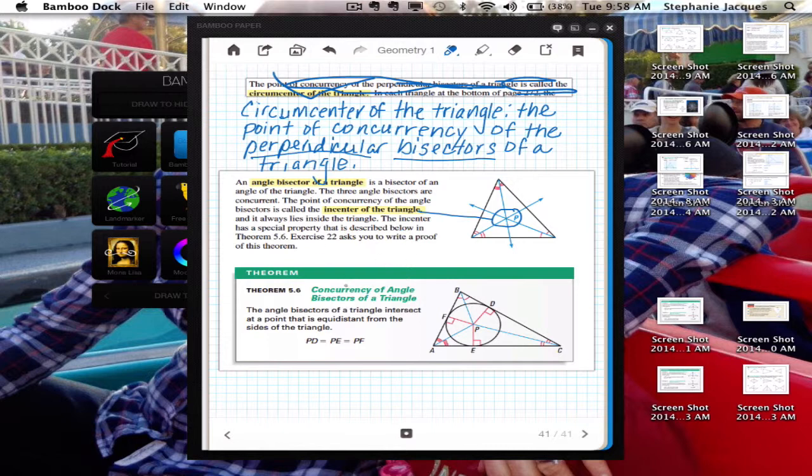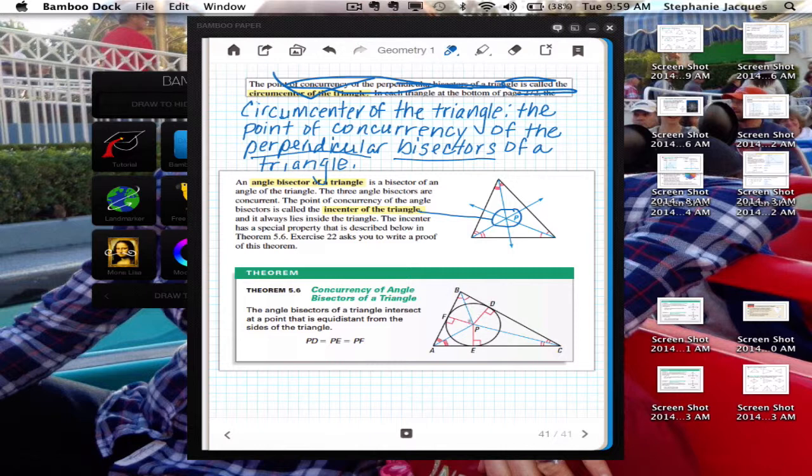Okay, concurrency of angle bisectors of a triangle. The angle bisectors of a triangle intersect at a point that is equidistant from the sides of the triangle. So if we have PD here, that's an angle bisector. P is the center and then it goes out to the end.